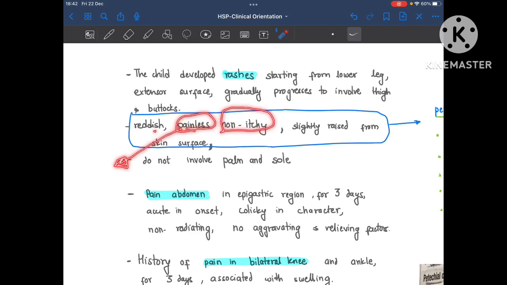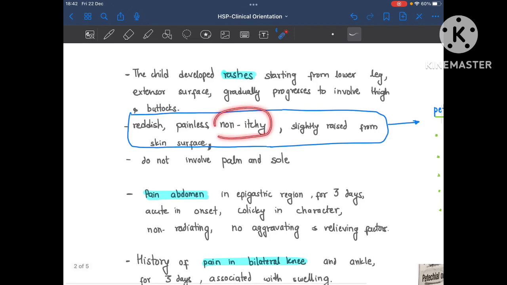If the rash is painful, it is most likely infective etiology, for example measles and chickenpox. Those rashes form vesicles, bulla, and papules, and they are painful. Itchy rashes are seen in eczema-like conditions and allergy.